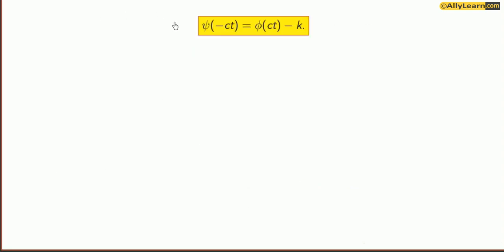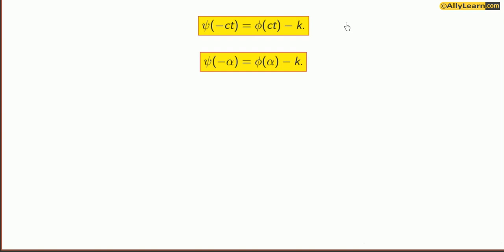Here, this was the expression we obtained on the previous page, that is psi of minus ct equals phi of ct minus k. And this c is positive, t is non-negative. So c into t is non-negative, and minus c into t will become non-positive. So we have got the value of psi on negative real numbers also.